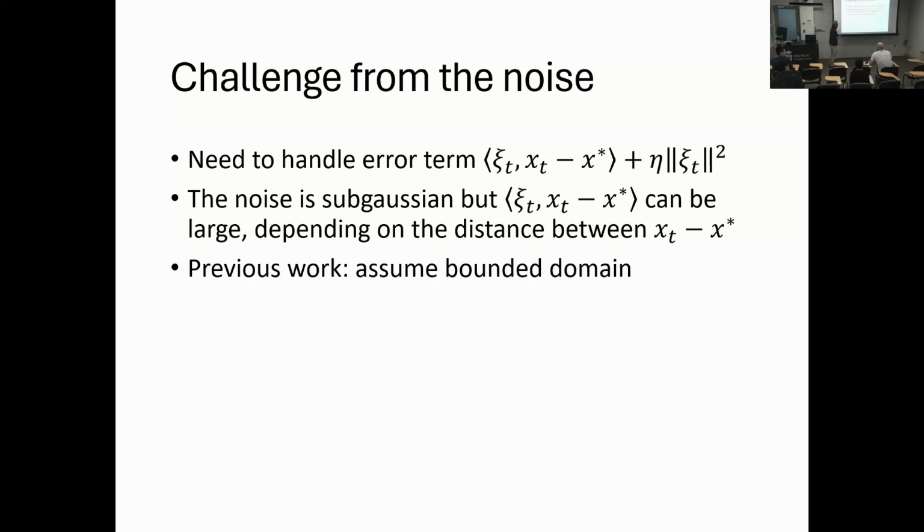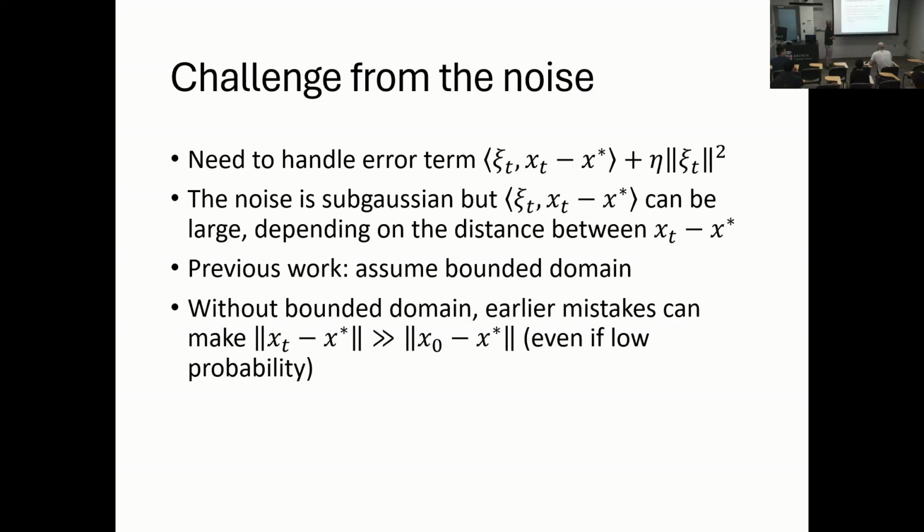Now this is where the previous work just assumes away the problem by assuming that the domain is bounded. If the domain is bounded, then this is bounded by the diameter of the domain, and everything goes through, because you have a bounded term.